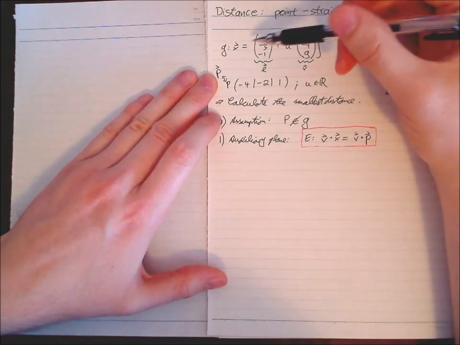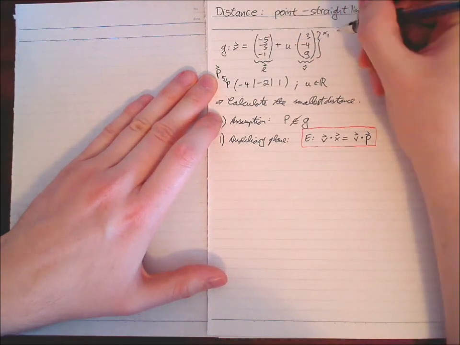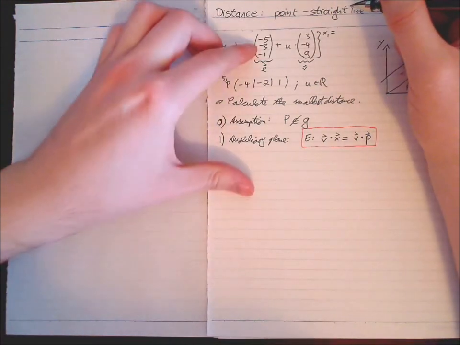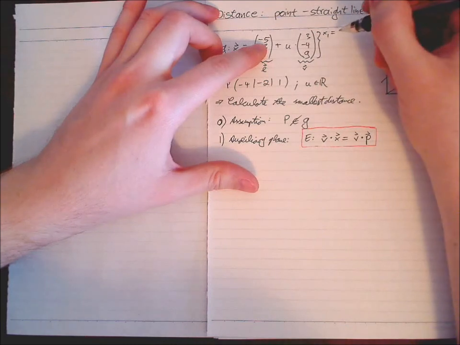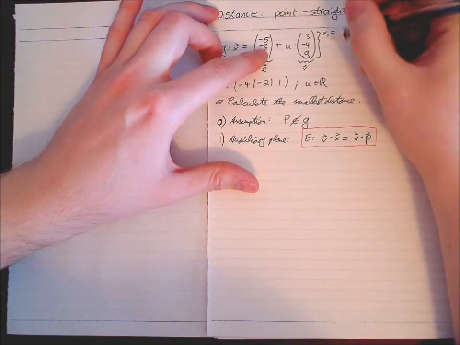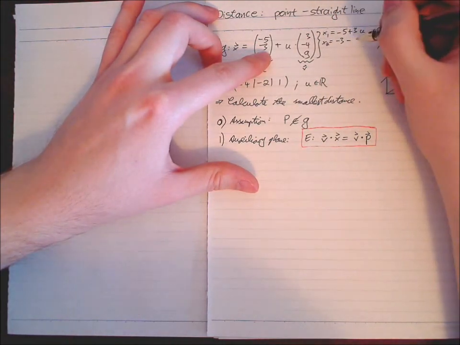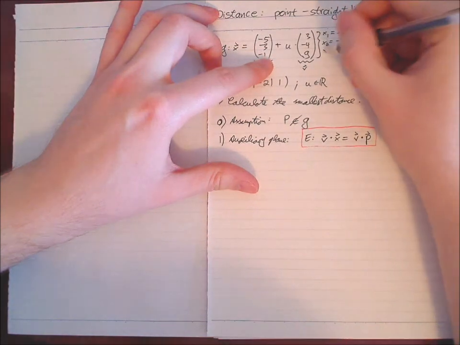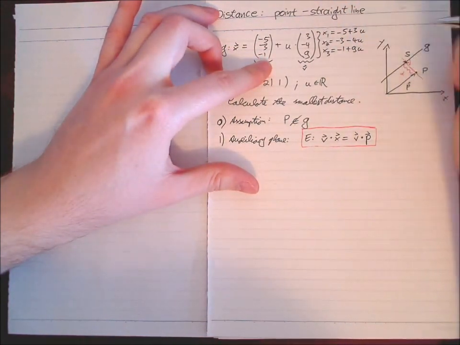Therefore we write our straight line as a general point, which then looks as follows. I just take all 3 components each and write it down. X1 is minus 5 plus 3u. X2 is minus 3 minus 4u. X3 is minus 1 plus 9u.